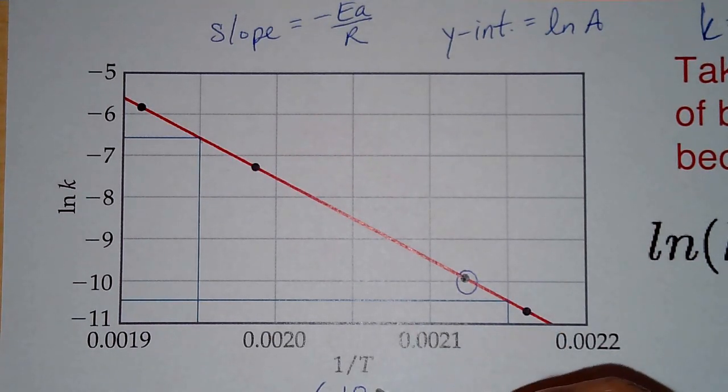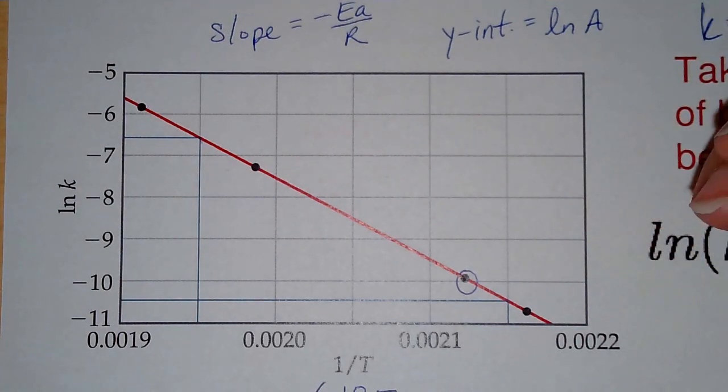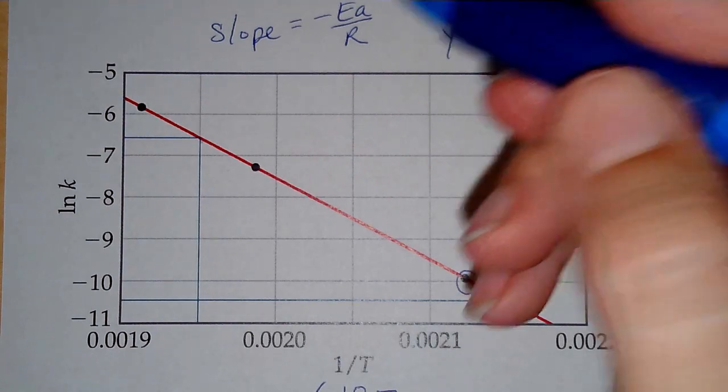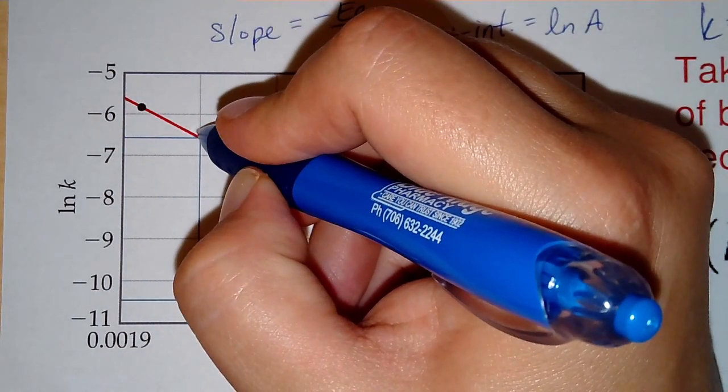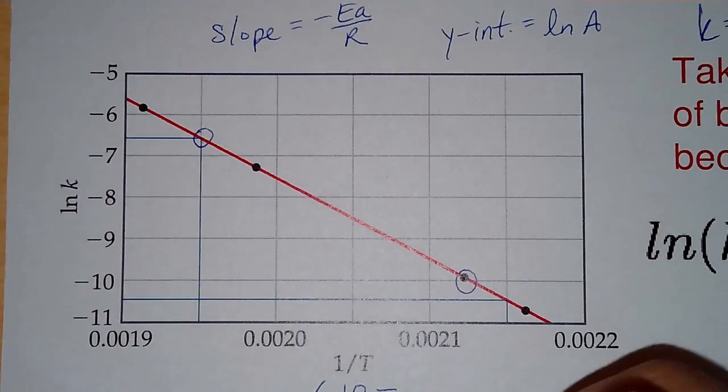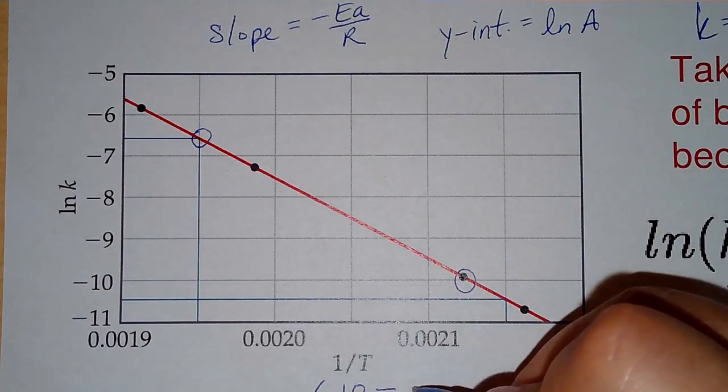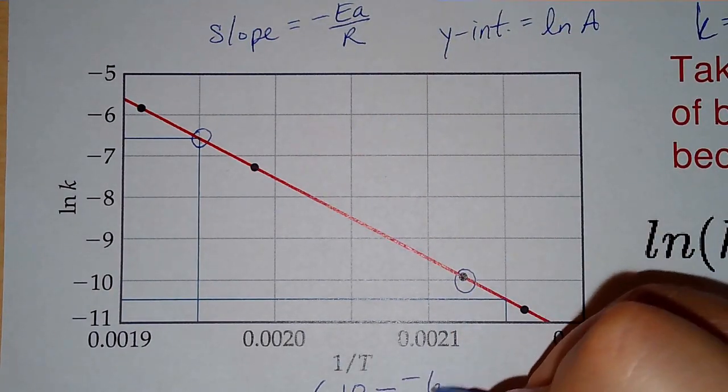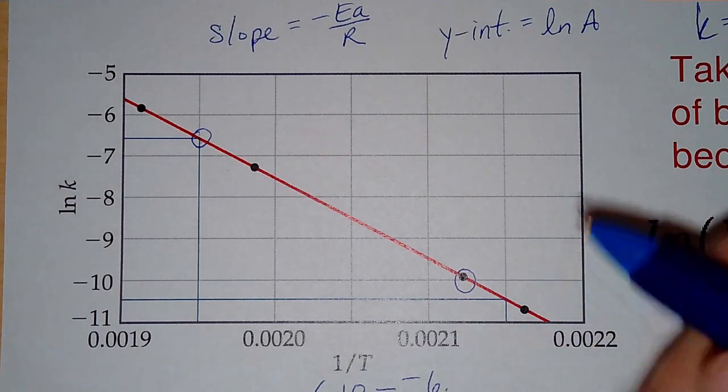And then a second point. I'll try for this one because I can at least see the bottom part. 0.00195 for my x, and it looks like negative 6.6 for my y.